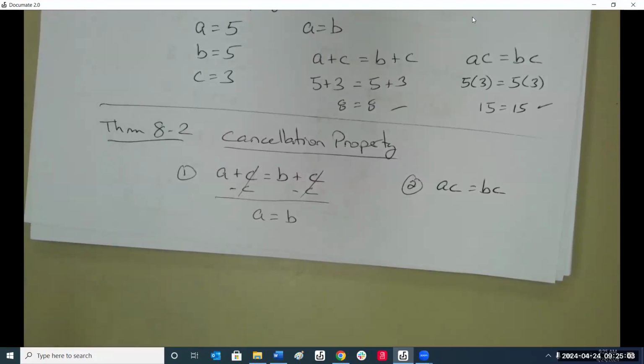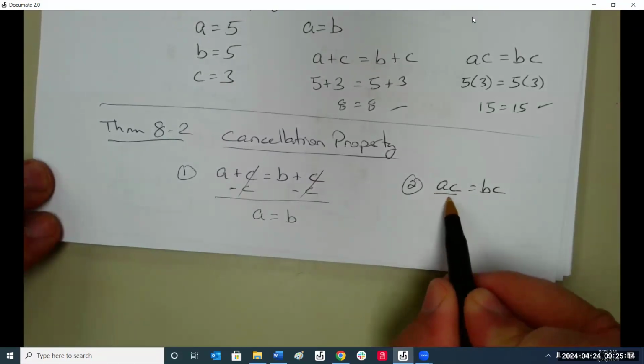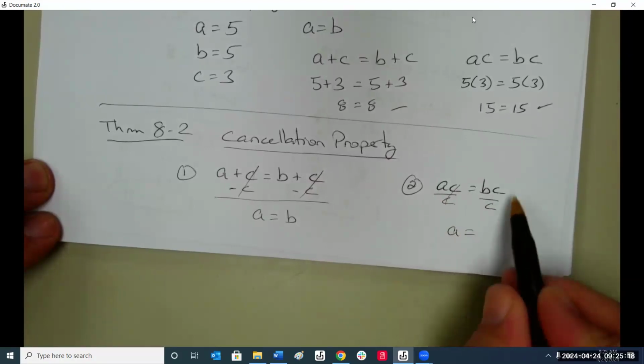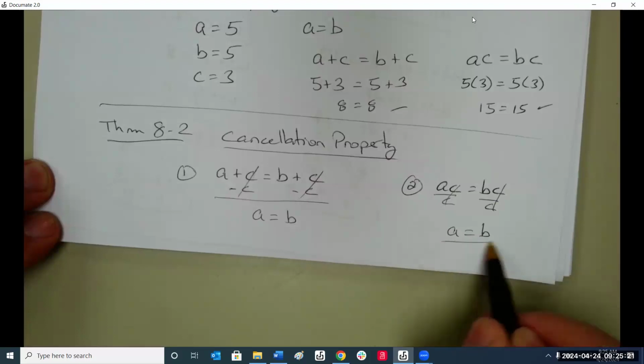If you take away the same amount from both sides, the resulting equation has to be the same. Whatever you do to one side, do the other. Golden rule. Likewise, in multiplication, if I divide C from both sides, then A equals B.